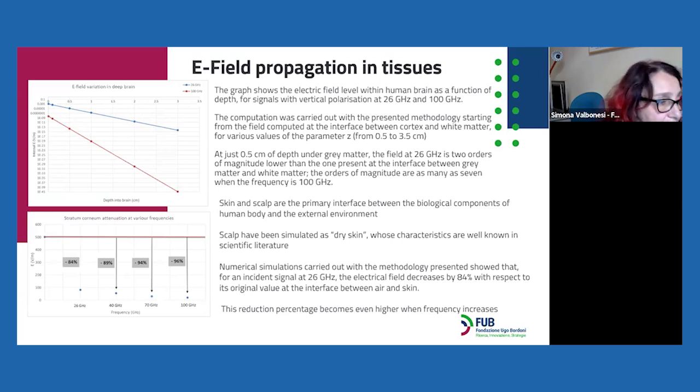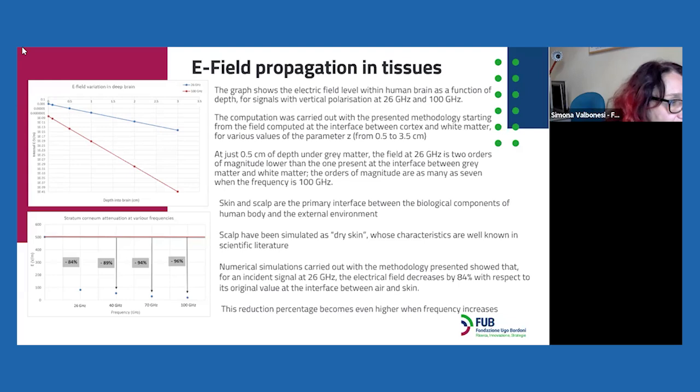The first one was focused on the variation in E-field level inside the deep brain if we change the deep brain position. And the other is related to the behavior of the stratum corneum.